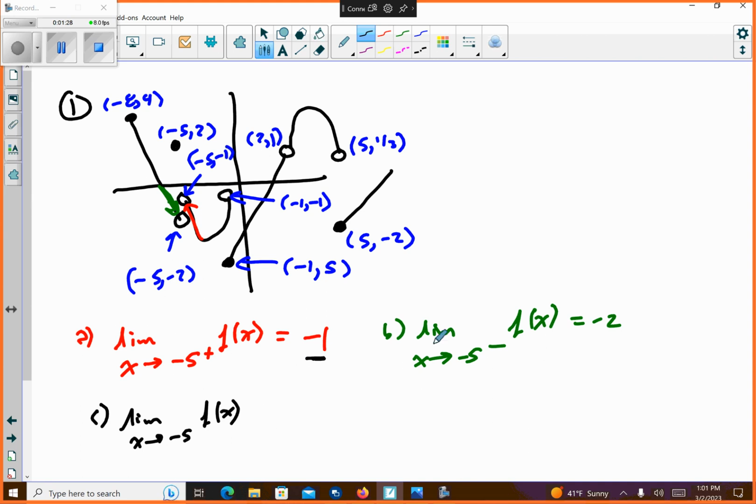If this and this are the exact same answer, that means the limit exists. But they are two different answers, so this is a does not exist situation. Okay? So that was some of the stuff that we had worked on yesterday.